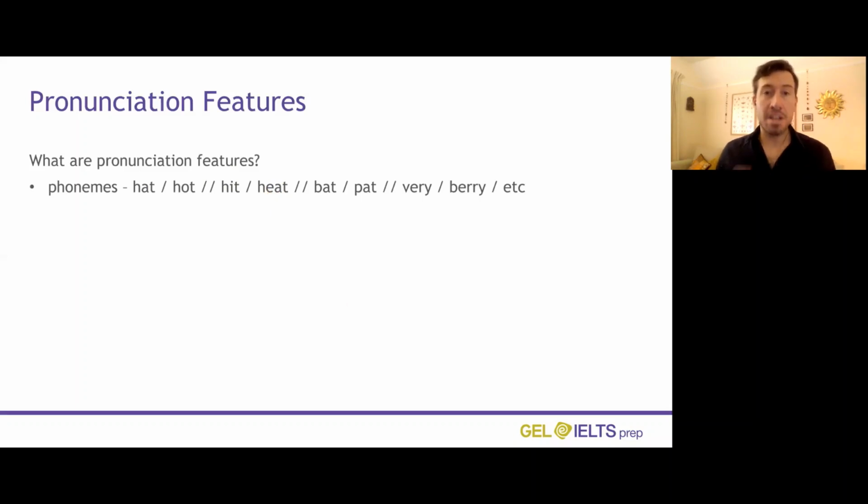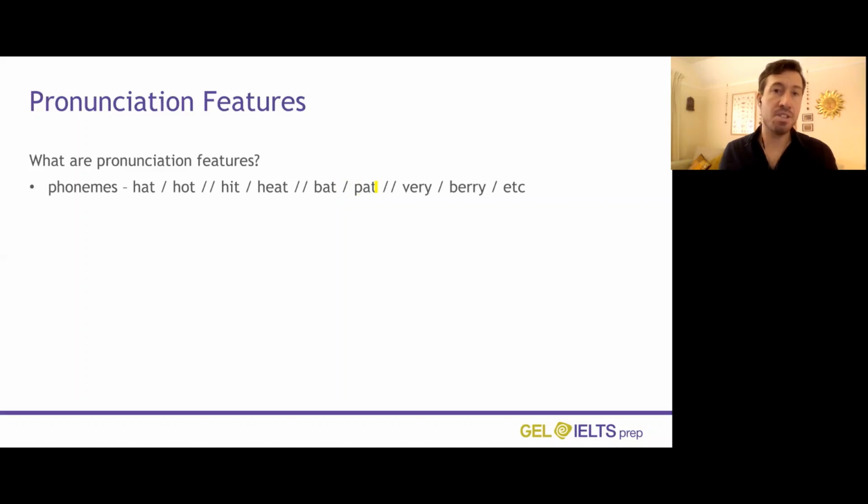Now, depending what language you speak, you might find some English phonemes difficult to say because maybe you don't have the phoneme in your language. And some 2 phonemes might sound the same. So like bat and pat.